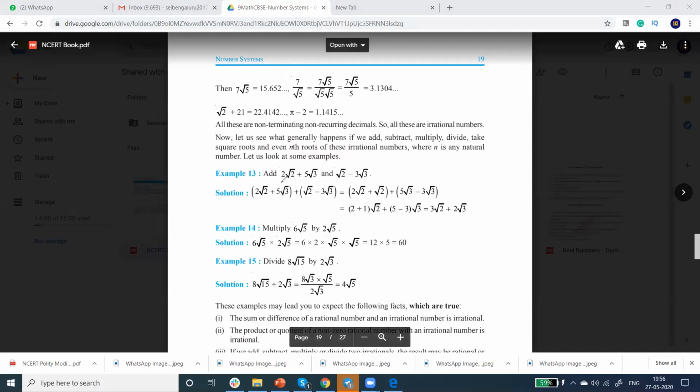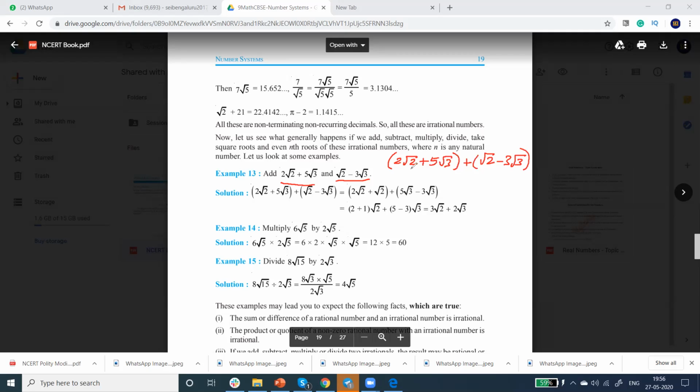This is the first term, this is the second term.